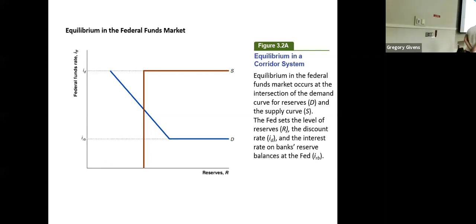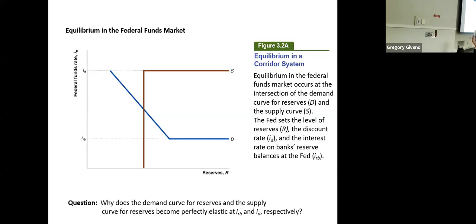Okay, let's take a look at the supply curve. As I indicated on the previous slide, we see that the supply of bank reserves is perfectly vertical at the level of reserves that the Fed wants to target, let's say. Let's say the Fed wants to have an amount of reserves in the banking system equal to R star.